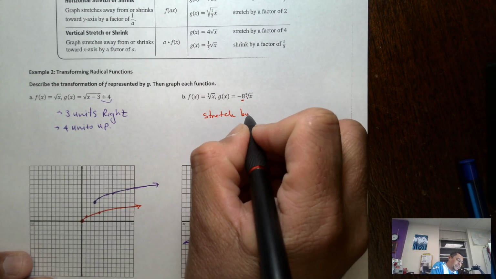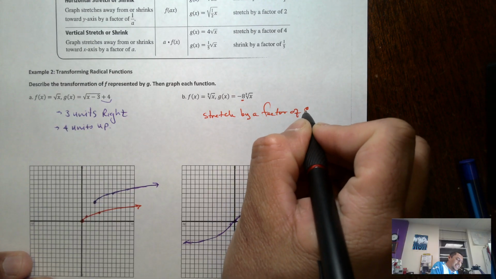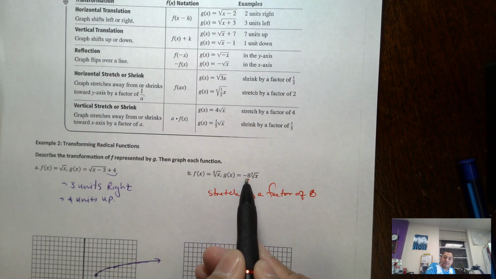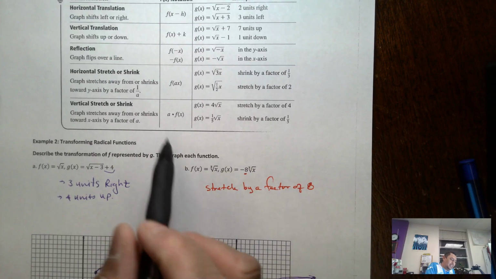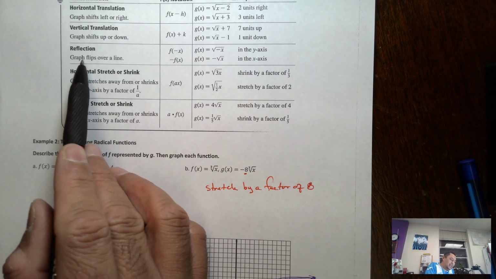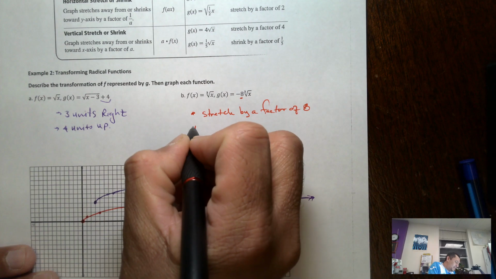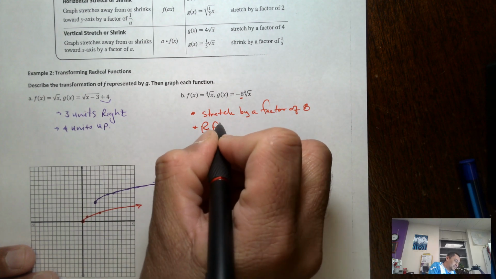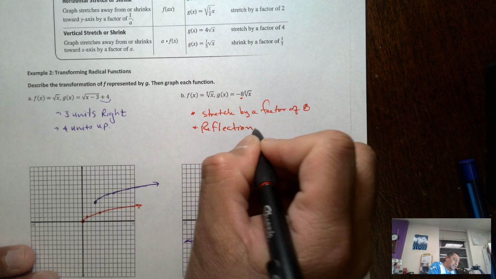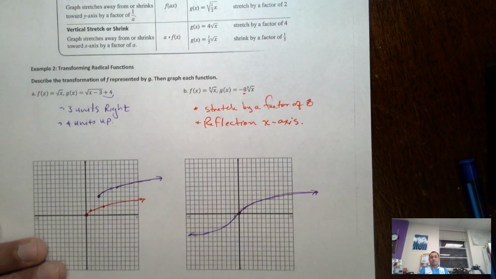Also, I have a negative sign there, so it's going to be a reflection in the x-axis. That's what we're going to have.